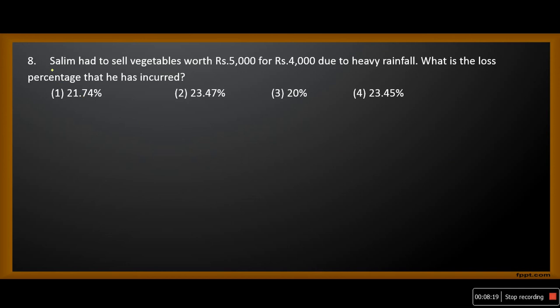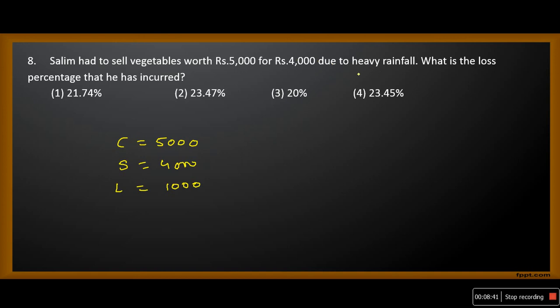Now here, look into this question. Salim had to sell vegetables worth 5,000. It means the cost price is 5,000, for 4,000 rupees. It means he sold it for 4,000. Will you get a loss or profit? A loss. Loss is equal to how much? 1,000. Why did he sell it for 4,000? Due to heavy rainfall.